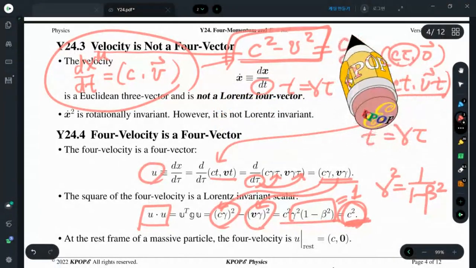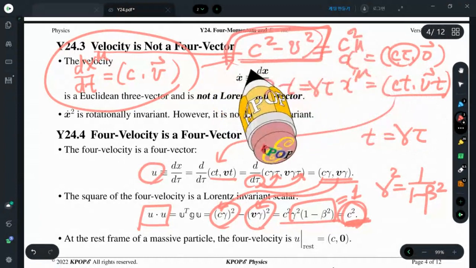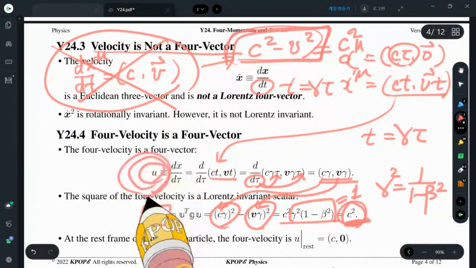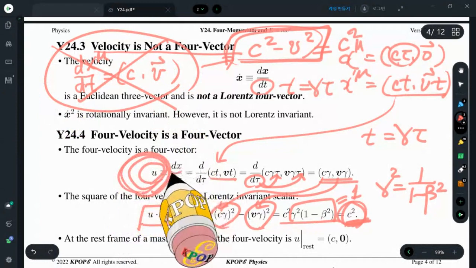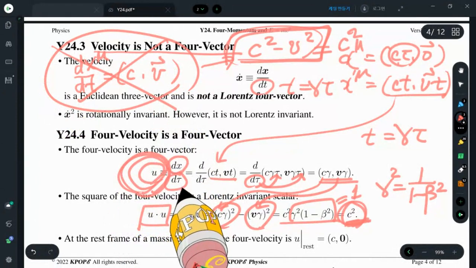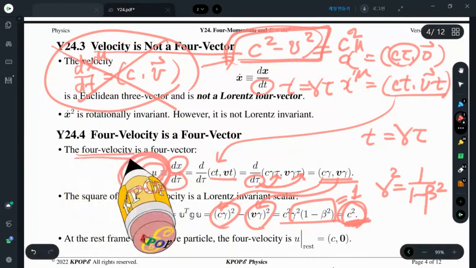In the rest frame, it is c squared. In the moving frame, they are different. Aha. So this is not a Lorentz four vector. So this four velocity, that is the proper time derivative of a four displacement, is a four vector.